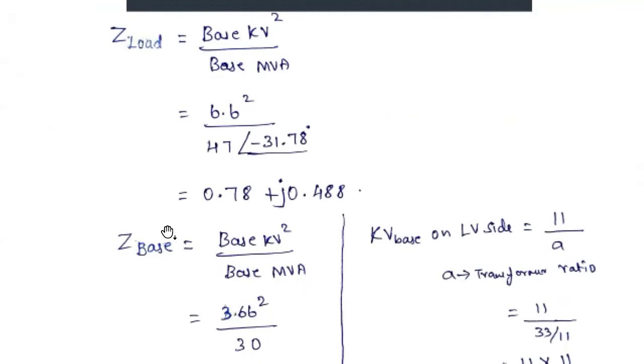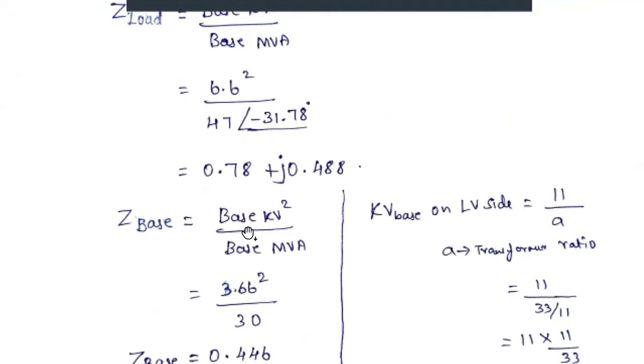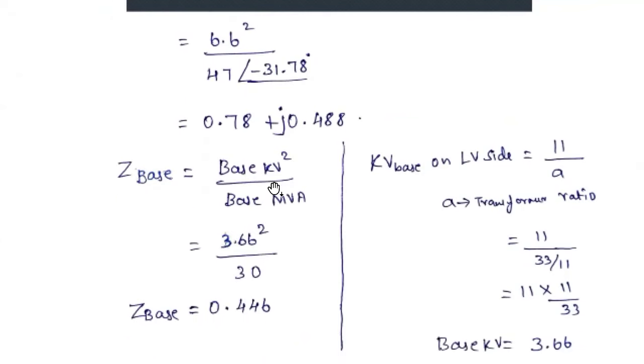Next, we need to calculate Z base. Same formula, Z base equal to base kV square divided by base MVA. The base kV on the LV side is 11 kilovolt. So 11 divided by A, the transformer ratio.